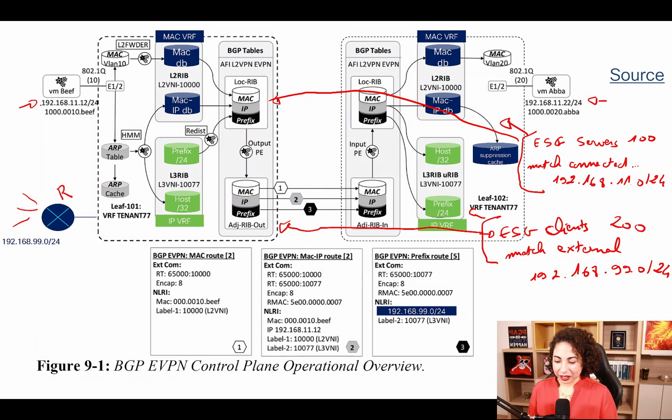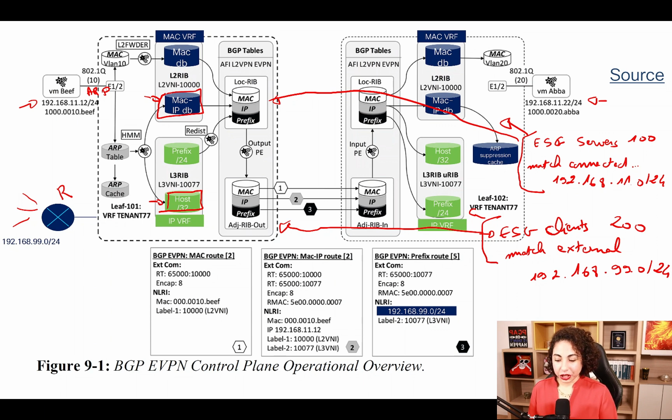Because if we go back to our VM that we are learning here, thanks to its ARP traffic, so control plane traffic, and when we are installing this information into the MAC IP database of the local MAC VRF and inside the IP VRF table, it is at this moment that we are adding the tag.